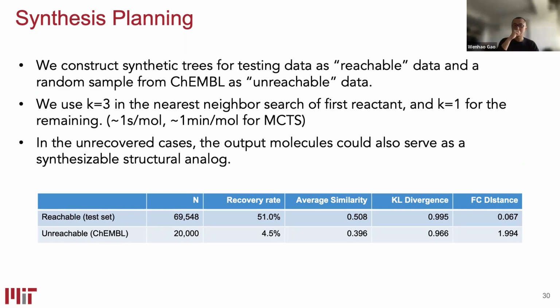I think so. This is a synthesis planning task. By 5%, I mean it just picks the 3 nearest neighbors in the first step, and then picks the top predicted one in all of the following steps. So it's just a one-shot generation of the synthetic tree instead of a tree searching process that we typically apply.